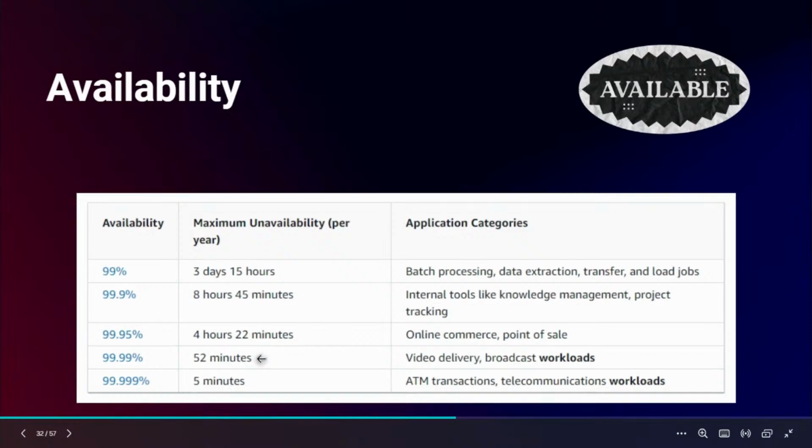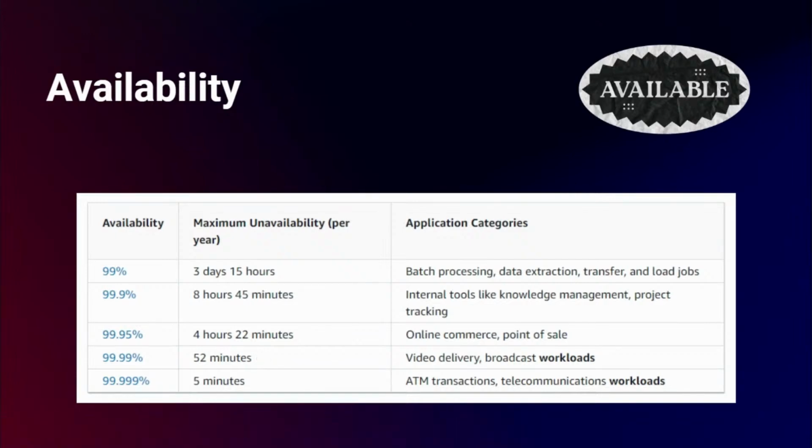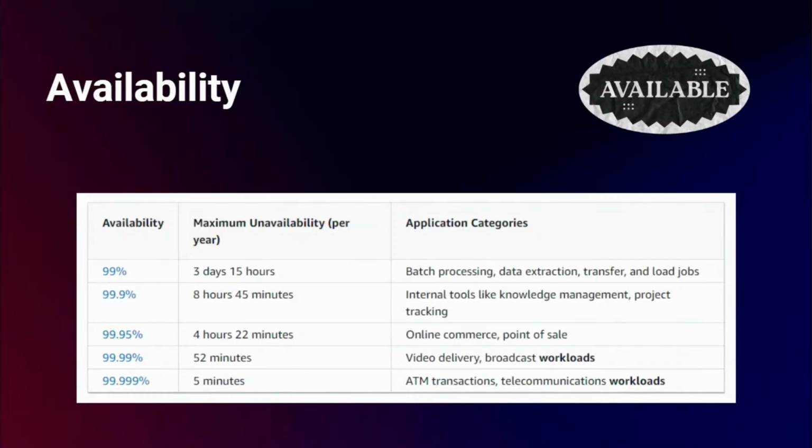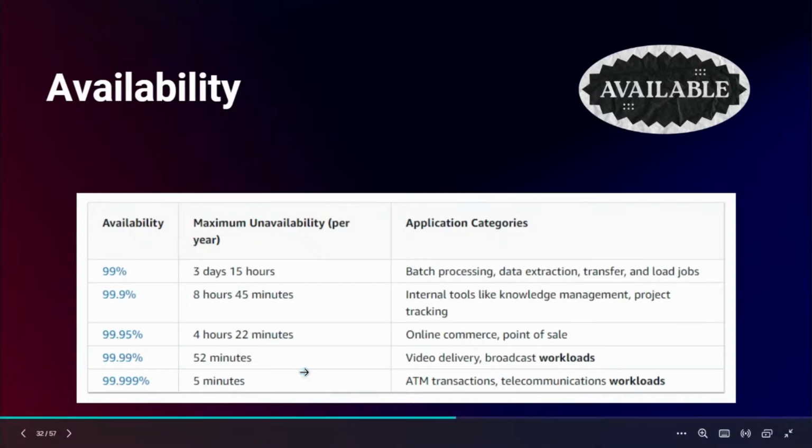It may be continuous or in patches. If it's 99.95%, then in a year 4 hours and 22 minutes may go down. If it's 99.99%, then about 52 minutes may be lost. And if it's 99.999%, then 5 minutes will be gone. This is the maximum availability you can achieve.